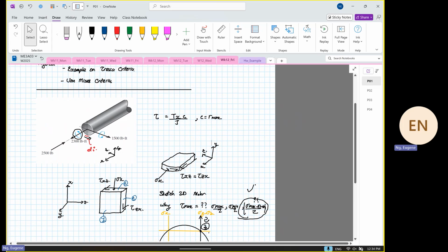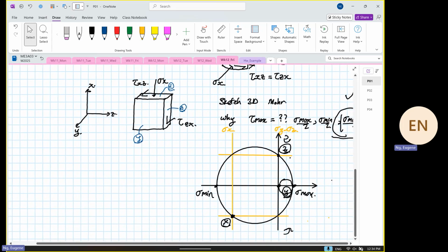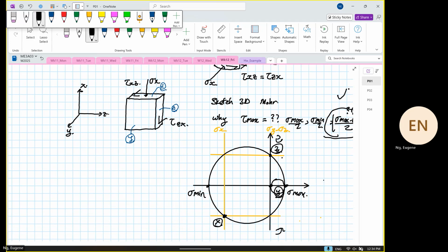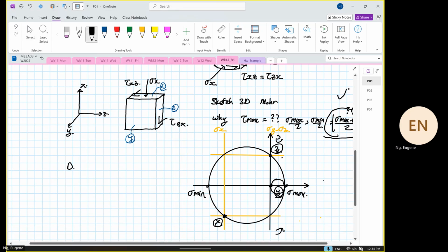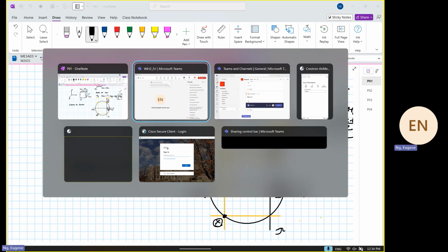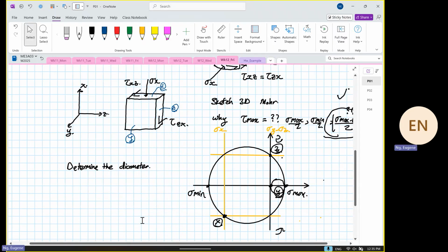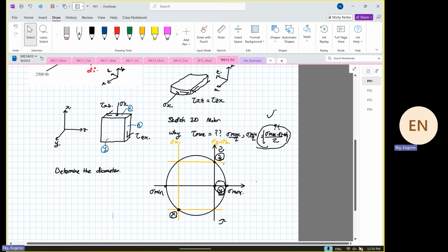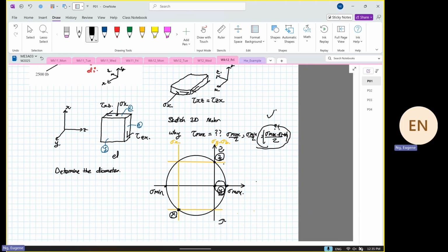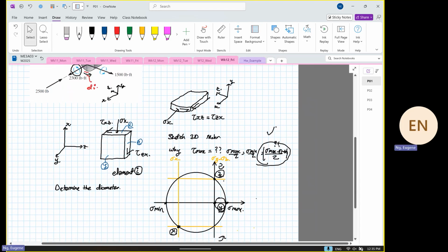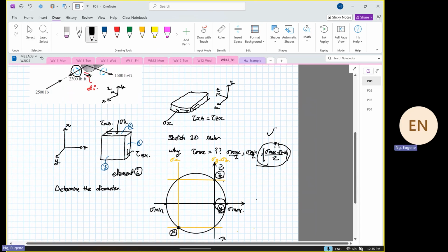So just to quickly reflect on the question, we have to determine the diameter. Okay, we have to determine the diameter. So what we sketch over here, we discover that element I, the element that's below here, is the most critically loaded, as seen down here.